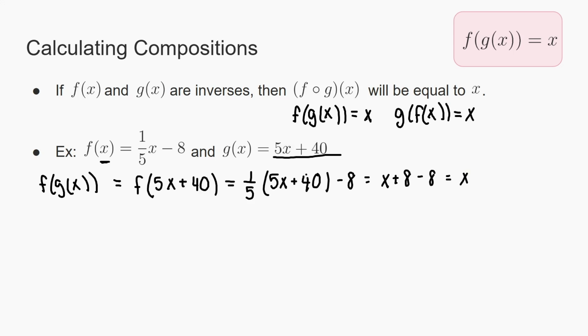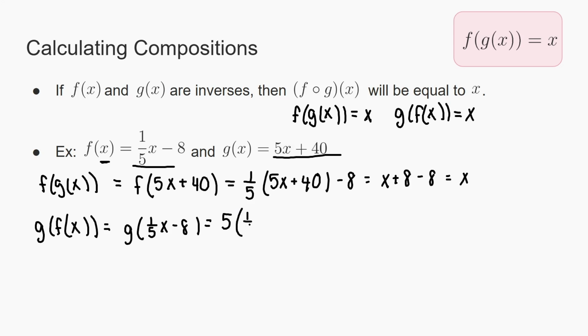Now let's do the other one. Let's do g of f of x. The f of x we know is 1/5 x minus 8. So we're looking for g of 1/5 x minus 8, which means we're plugging in 1/5 x minus 8 for every x right there. Let's do 5 times 1/5 x minus 8, plus 40.